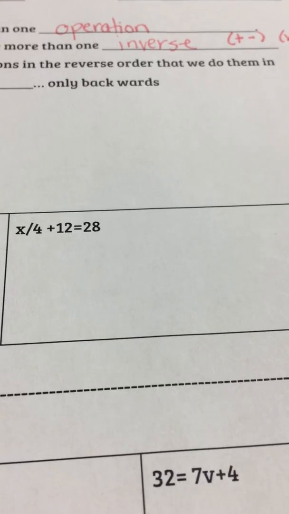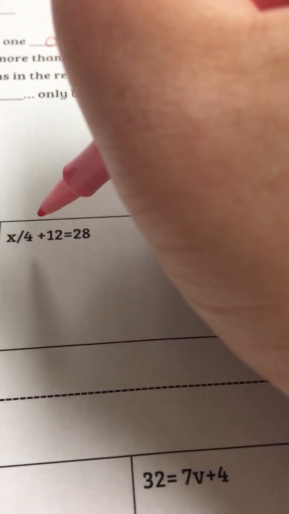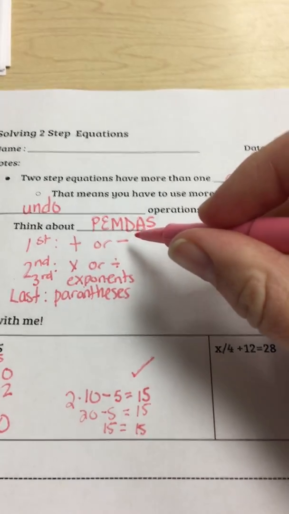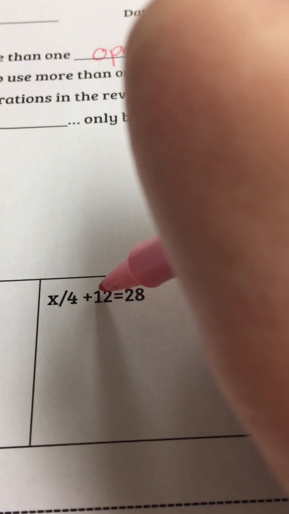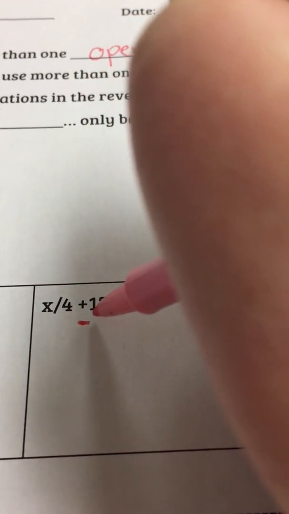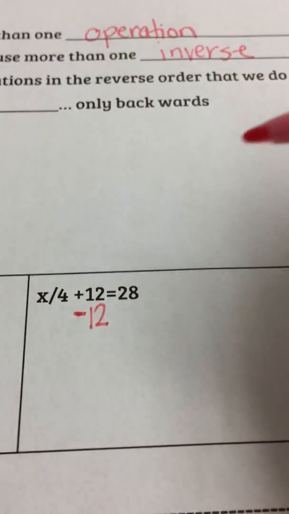Okay, so we have adding and we have division. I know I want to get this x by itself because it's the variable. So the first thing I'm going to do is backwards order of operations. I'm going to add or subtract, which means I want to get rid of this adding 12. The inverse of addition is subtraction. So I'm going to subtract 12 here.